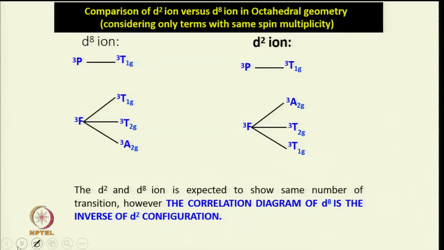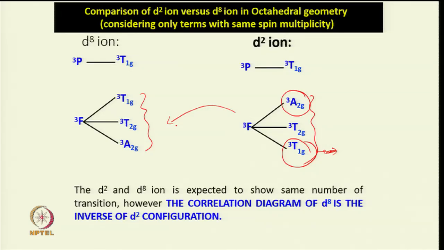The only difference is that when there is splitting in the presence of an octahedral field, this one is going to be the ground state and this one is going to be highest in energy. So when you go to d8, the terms will be the same, only the energy order of different terms will be different.